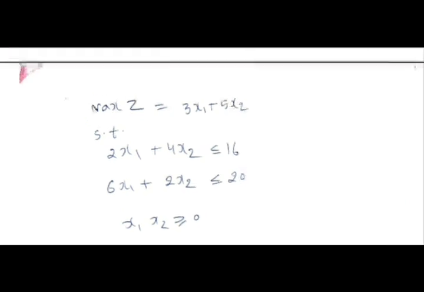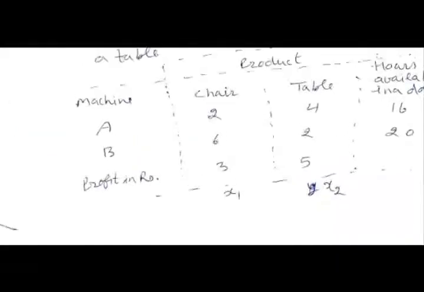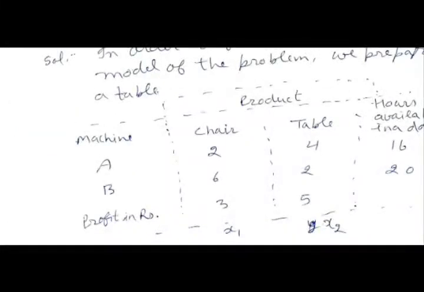So first of all we take machine A. x1 chairs require 2x1 hours, and x2 tables require 4x2 hours. So 2x1 + 4x2 must be less than or equal to 16, because only 16 hours are available on machine A per day.